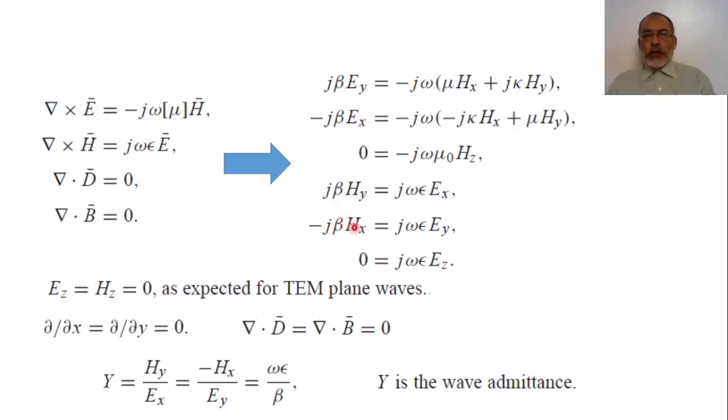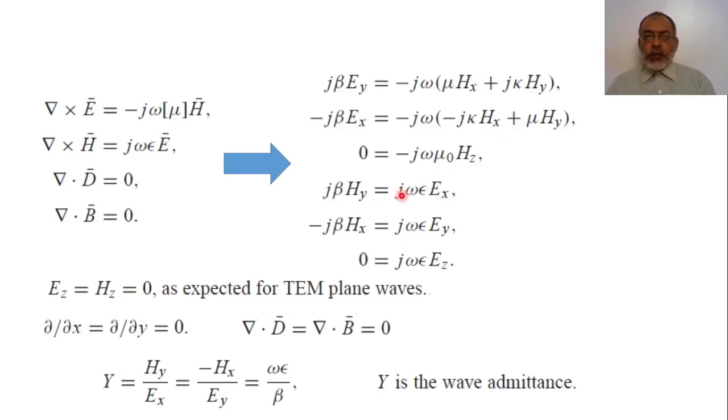If we look at these 6 equations, we have already concluded from these 2 equations that the longitudinal components Ez and Hz are 0. Now we have 4 transverse components, Ex, Ey, Hx, and Hy. Okay?